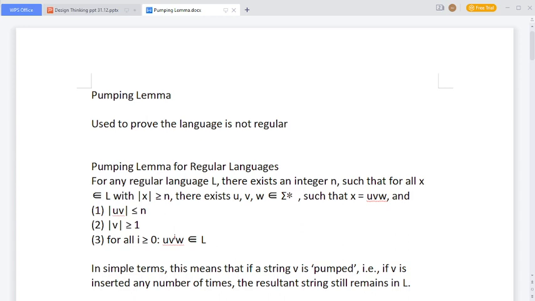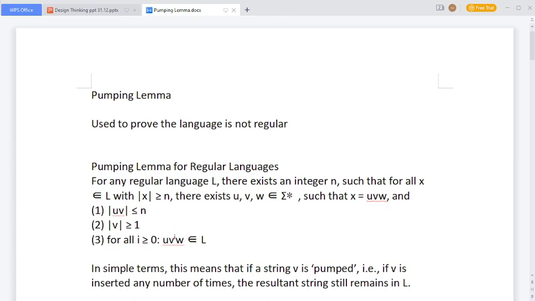There exist strings such that x will be split into three parts: u, v, w, which also belong to sigma star. Such that x is equal to uvw, and there are three conditions.